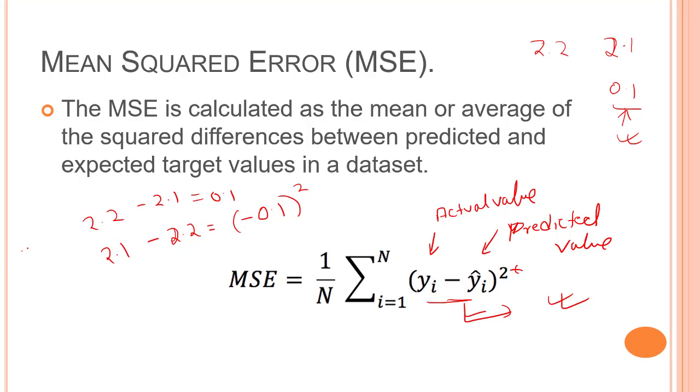So this is our data set where, let's say, we have 2.2, 2.2, 2.1, then 2.1, 2.2. Similarly, we have 3.1 and 3.2, and then 4.5 and 3.9. This is y and this is y hat.